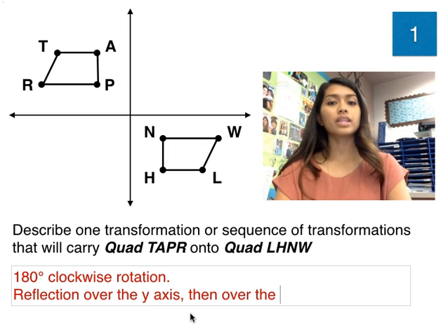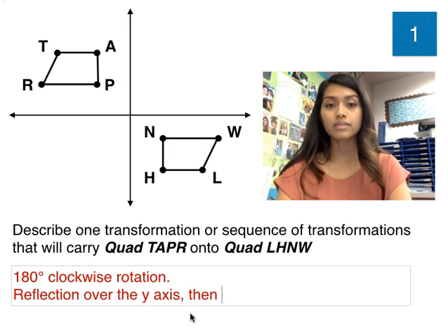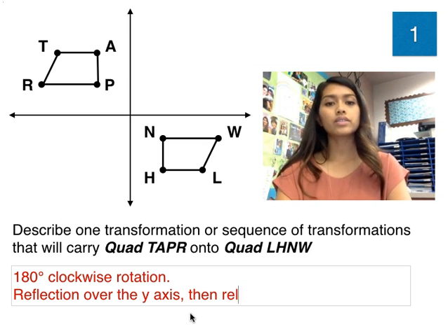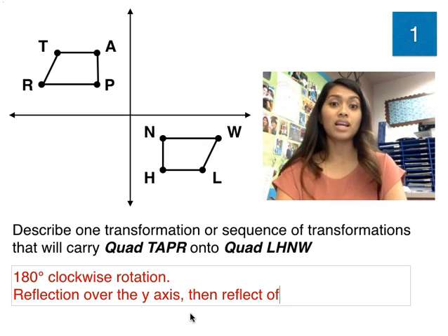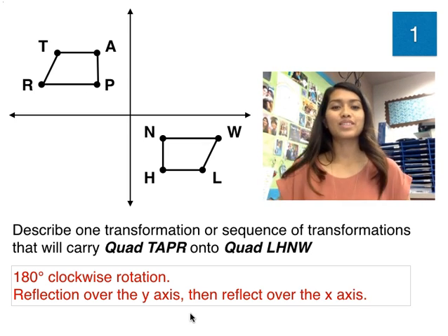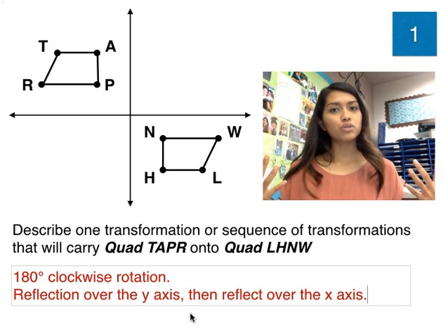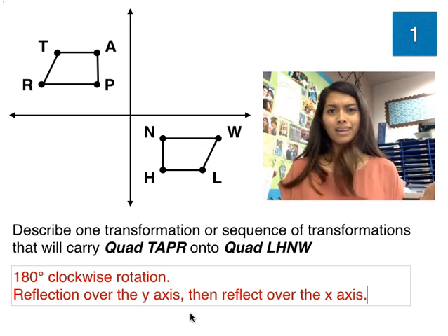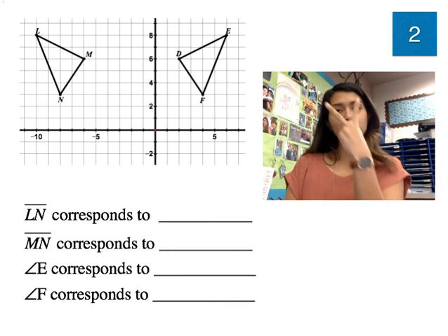Then reflect over the x-axis. So those are my 2 possibilities. That's it. We're moving on to number 2.